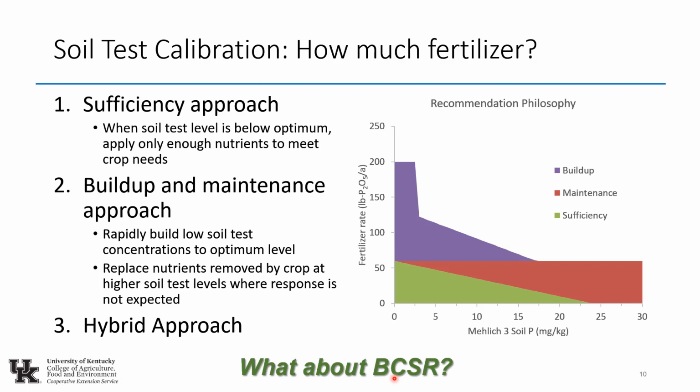Even the people that originally worked on this concept and some graduate students of the people that came up with this back in the 20s have done follow-up studies and found out that it was wrong, that they weren't correcting for pH in their research, and that there's no scientific evidence that BCSR is a way that we should manage fertilizer. So we're not going to talk any more about it other than it absolutely has no place in modern agriculture.